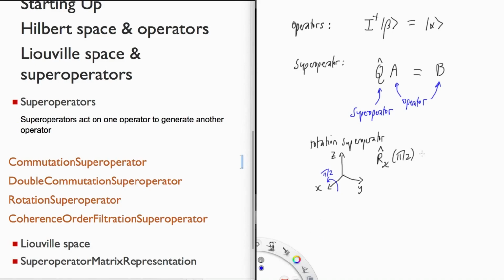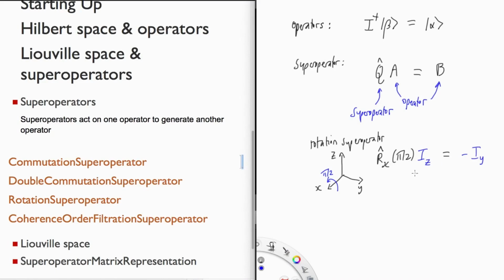This could be applied to angular momentum along the z-axis, and rotates it, in this case, to the minus y-axis. In NMR, we often use language such as saying that we convert Iz into Iy.